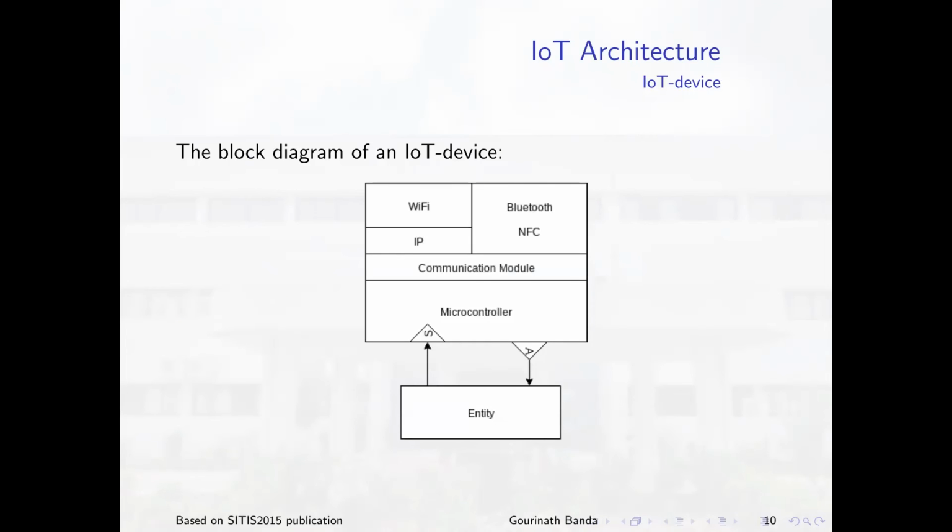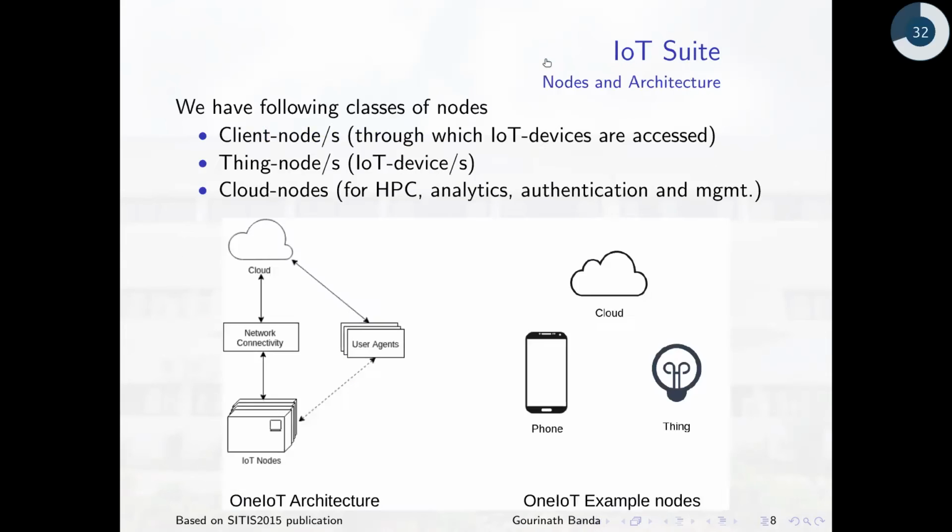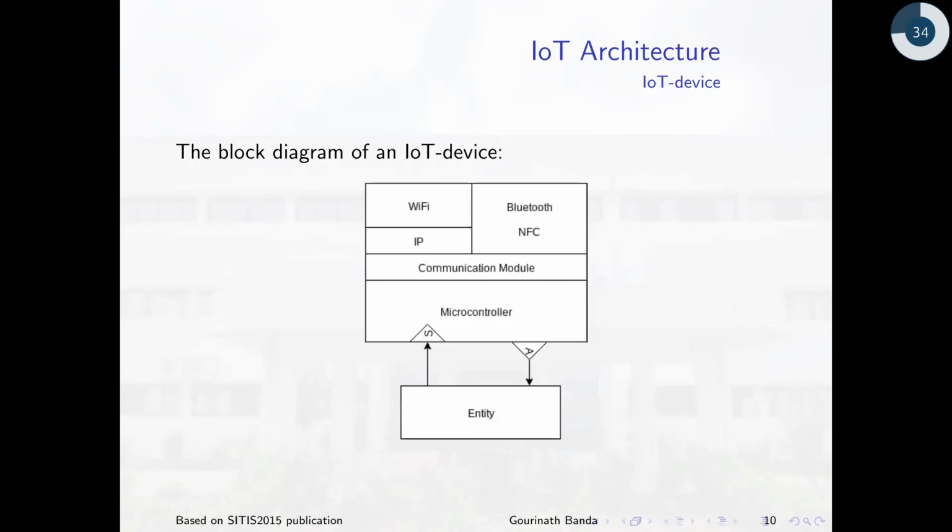So if I want to take a look at the architecture of our IoT node, this is how it looks. This microcontroller could be a microprocessor depending on whatever is available. This microcontroller has got interface with the sensors. It has got interface with the actuators that lets us control an entity through the sensor and actuator.